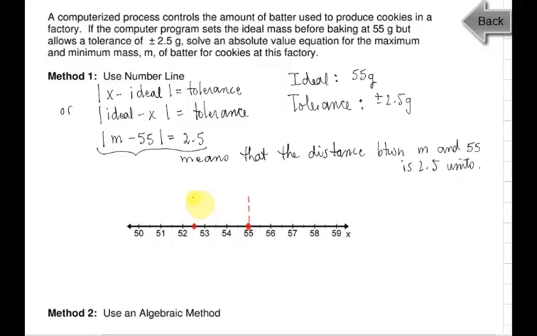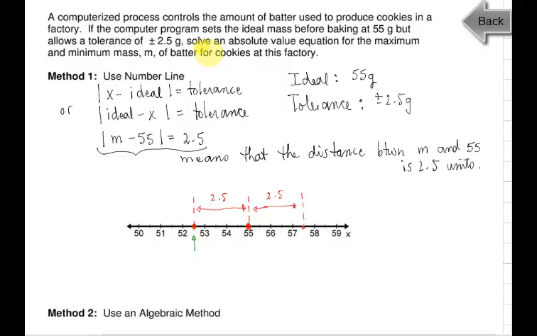Okay, I'm going to put a bar there. All right, so the distance between here and here is 2.5. And then I'm going to go to the right 2.5 units. So 1, 2.5. Okay. And that's 2.5 units.